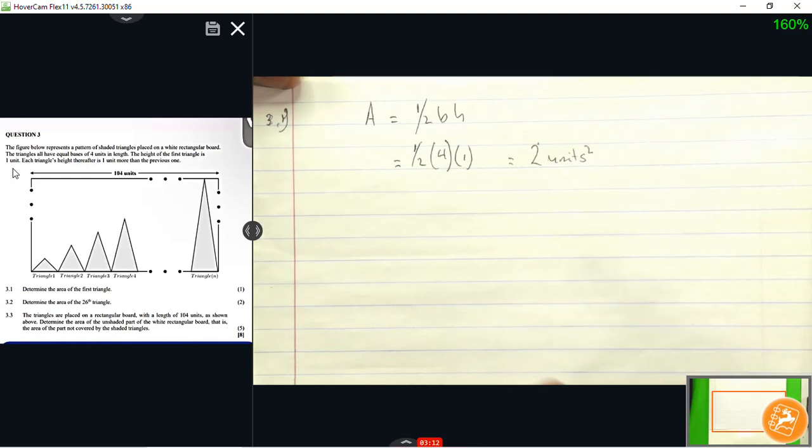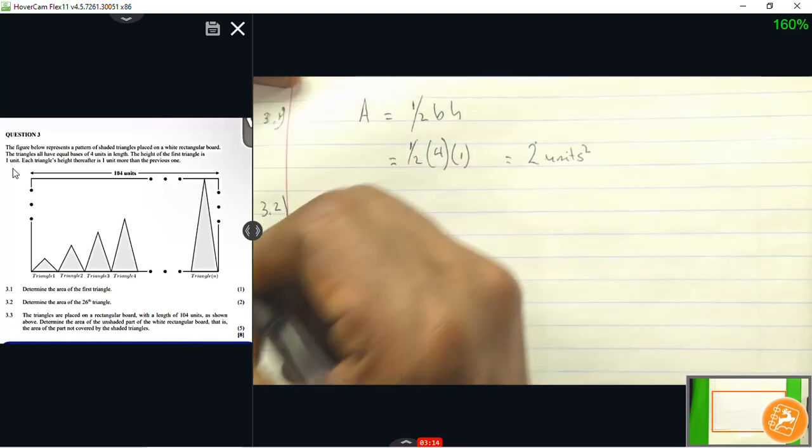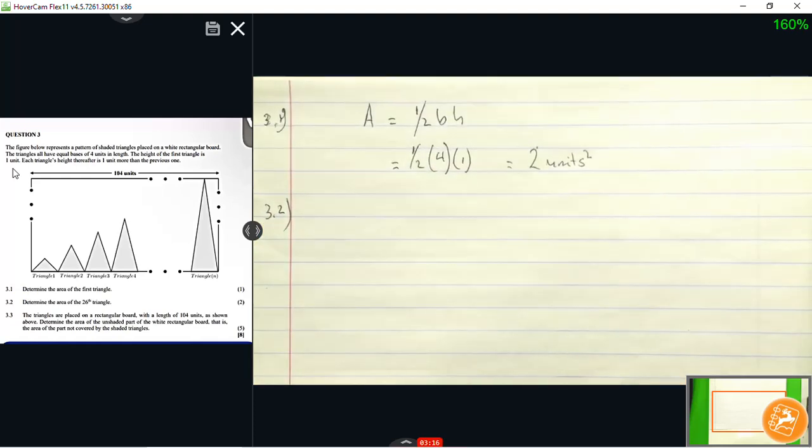Okay. You see how you help yourself. Don't put everything in your brain. Let's see 3.2. Now they say the area of the 26th triangle.